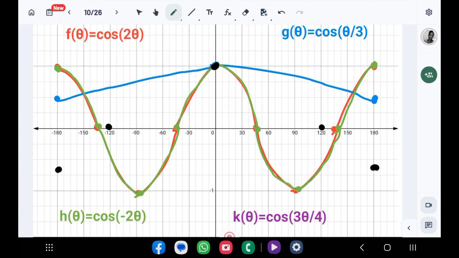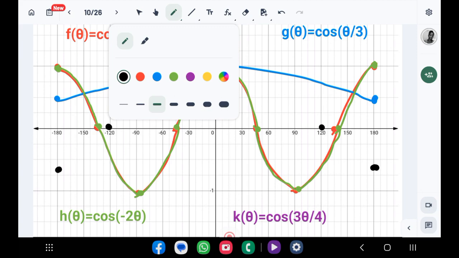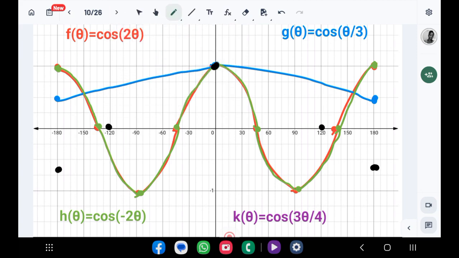Okay, we join these two first. Oh, no, we should be using a purple one, not a black one. We're using a purple color. All right. Let me fix that.